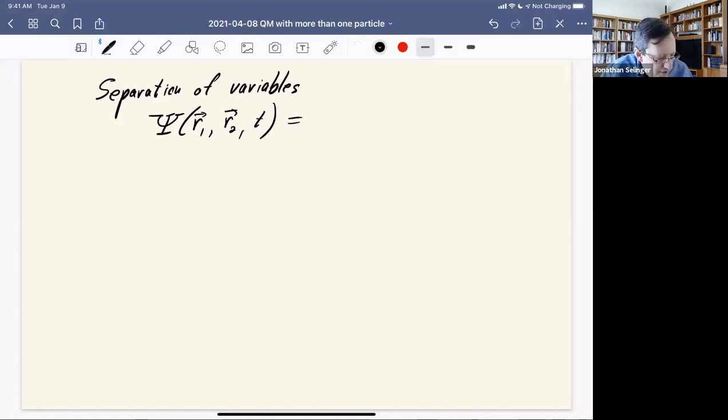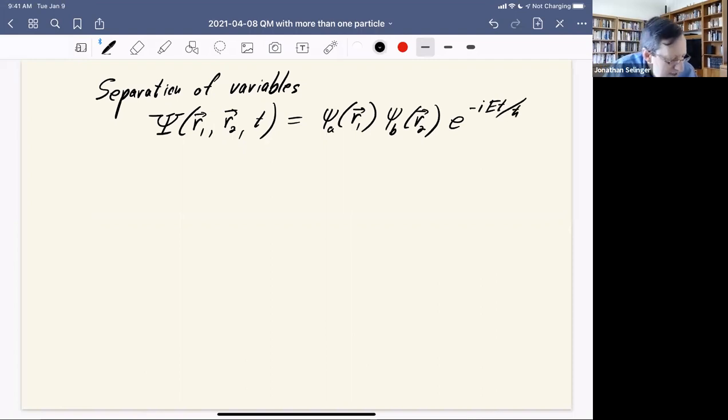And so it's a product of some wave function, I'll call it psi A of R1 times psi B of R2 times e to the minus i energy t over h bar.